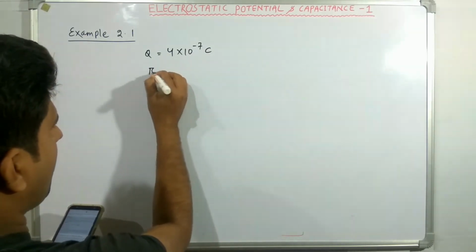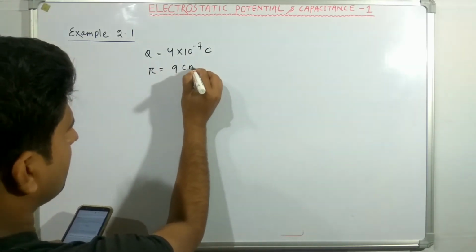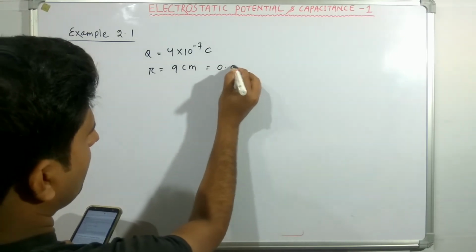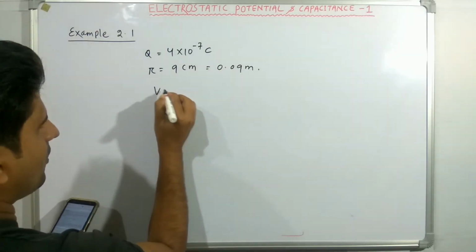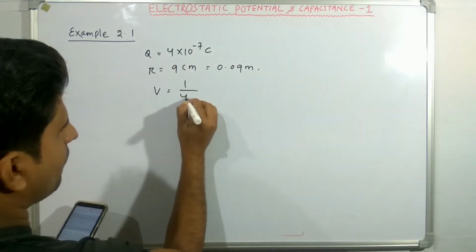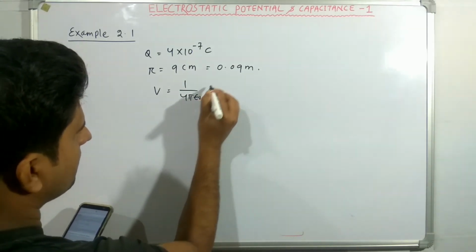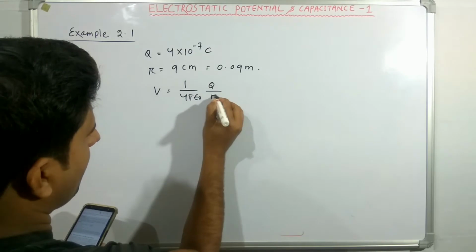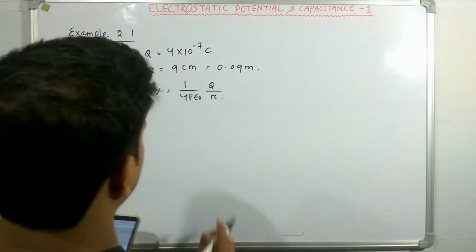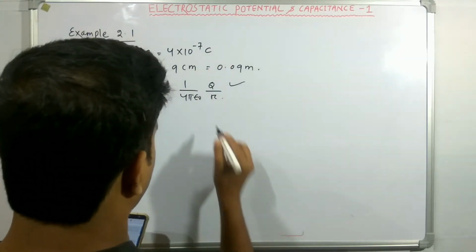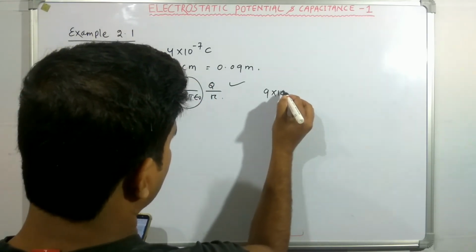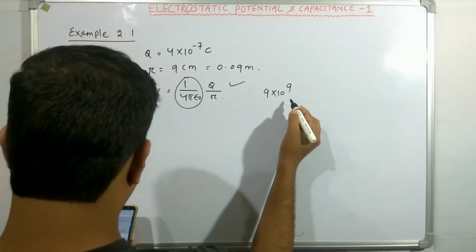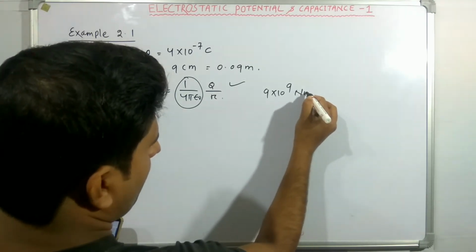The distance r is also given, 9 centimeters or 0.09 meters. Then find the potential. The formula is 1 by 4 pi epsilon naught q by r. Put in the values and calculate the potential, where the value of 1 by 4 pi epsilon naught is 9 into 10 to the power 9 newton meter square per coulomb square.